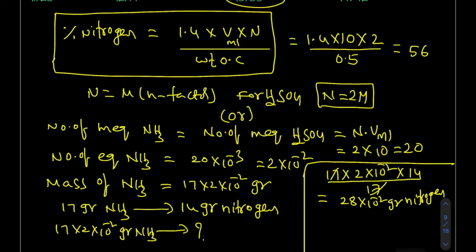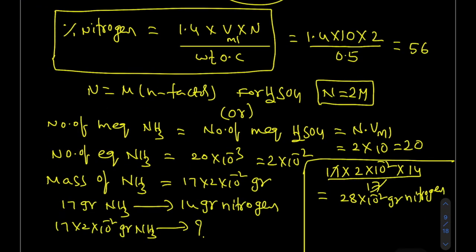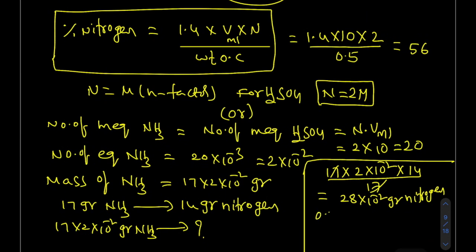Okay, now finally, how many grams of organic compound are given in the question? 0.5. So 0.5 grams of organic compound has 28 into 10 raised to minus 2 grams of nitrogen.